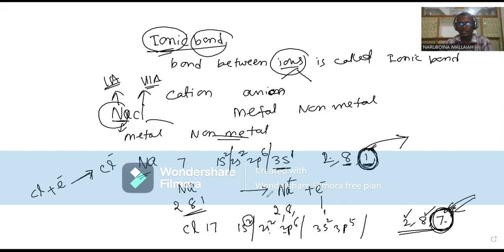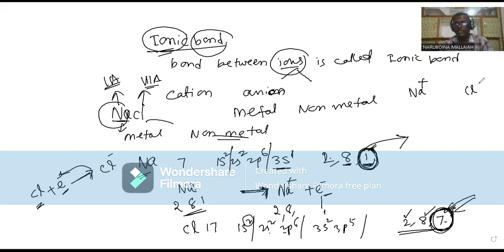Observe the difference. In Na going to Na plus and an electron, sodium loses an electron. That's why I wrote the electron on the right side of the arrow mark. In this case, chlorine is receiving, taking 1 electron. So that's why I write the electron on the left side of the arrow mark. That is the difference. So sodium, by losing 1 electron, becomes Na plus, the sodium ion.